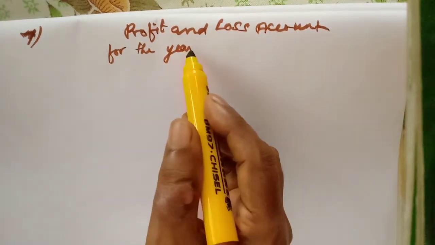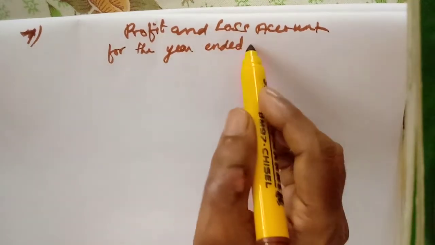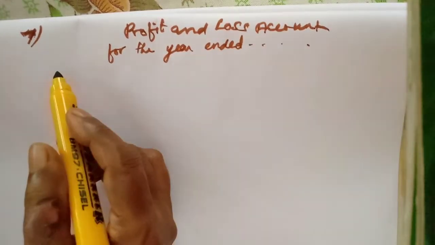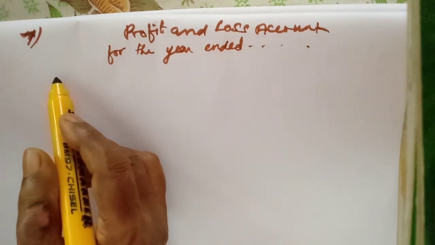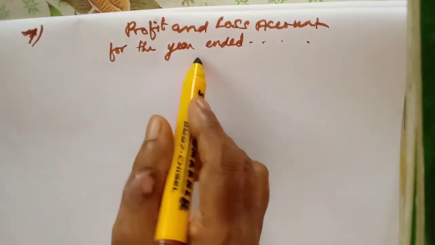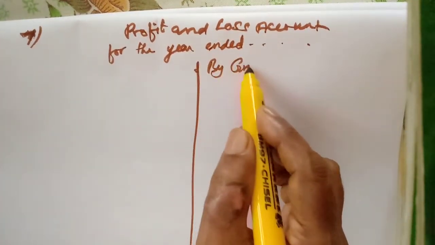It is also a trading account for the year ended. No dates are given, isn't it? So leave it. First item, gross profit. Where will it appear? On the credit side, by gross profit.